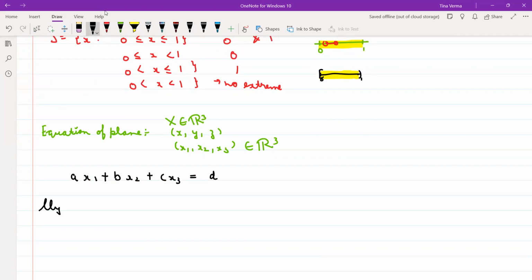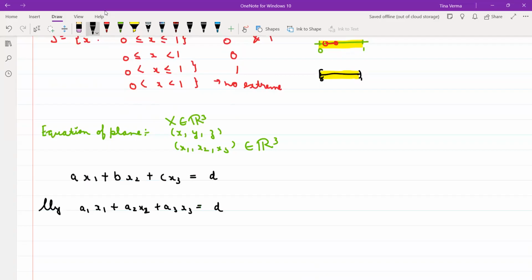Similarly, a, b, c are scalars, and I can write it like a1 x1 plus a2 x2 plus a3 x3, which is still the equation of a plane.